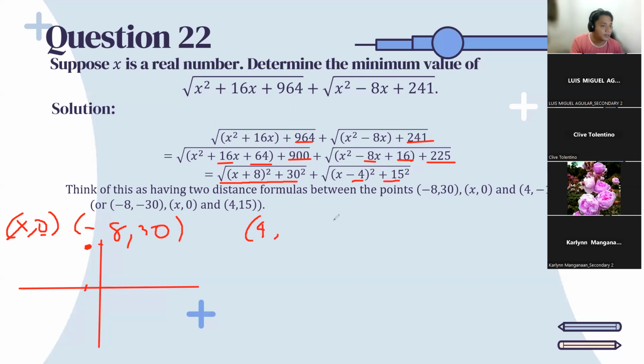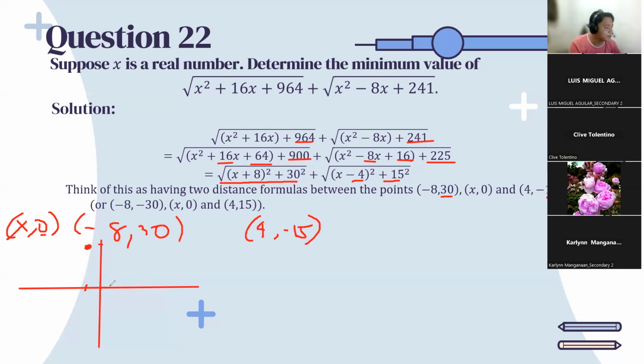So, sir, how did you get these pairs, like 30, negative 15, negative 30, 15, something like that, right? Because we have two values. You can have positive 15 or negative 15. So how do you decide on that? Well, you decide on that based on the graph. So take note, you have 4.